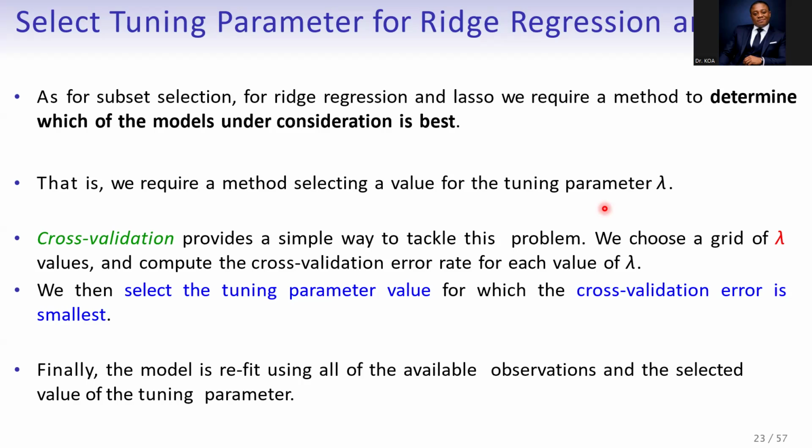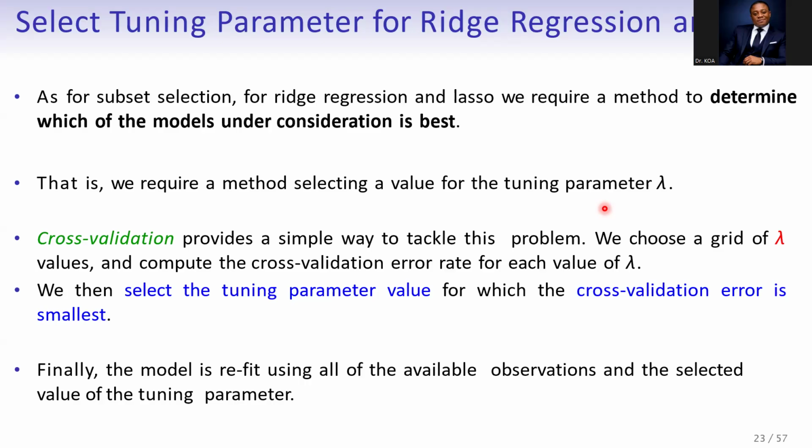We know that the independent variables are going to influence the dependent variable. We know, but by how much? The beta parameters tell us that by how much. These beta parameters are the coefficients. But how they affect is also being influenced by this tuning parameter.